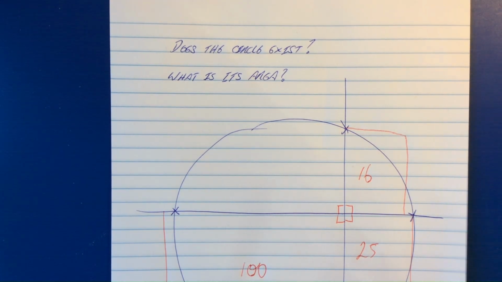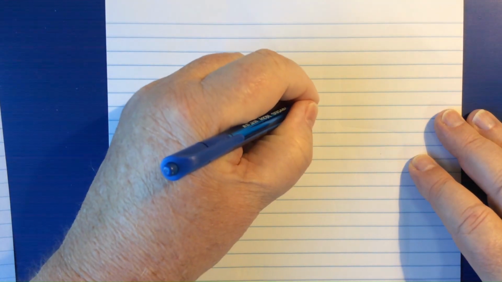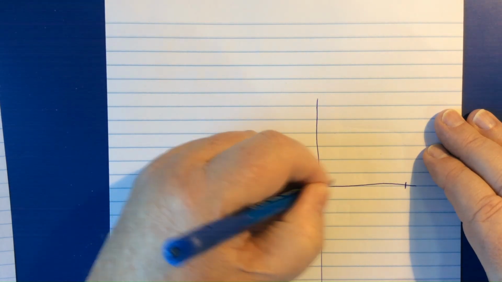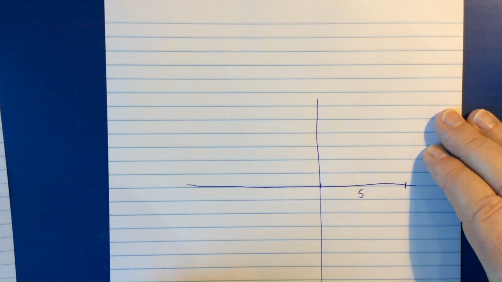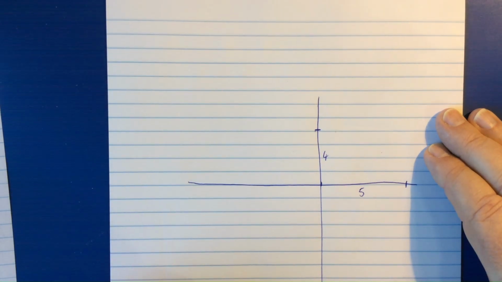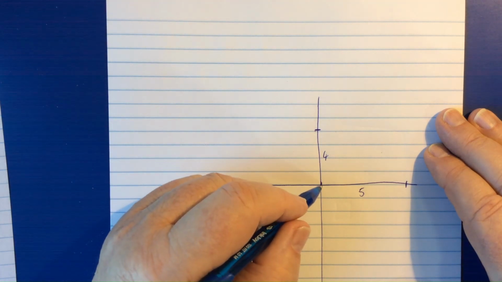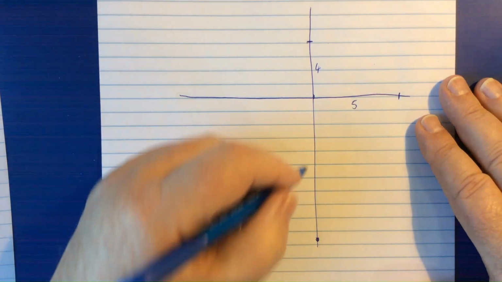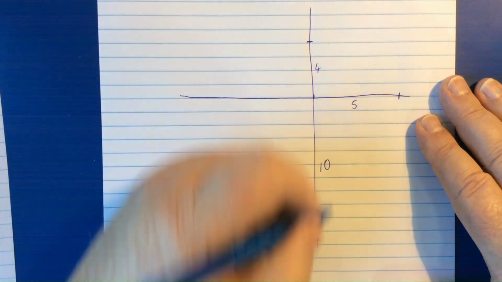So taking this page away, if I just deal with the two lines that I have, and I know that from here to here is 5, and I know that from here to here is 4, and I know that from here down to here, if you can see that, is 10.